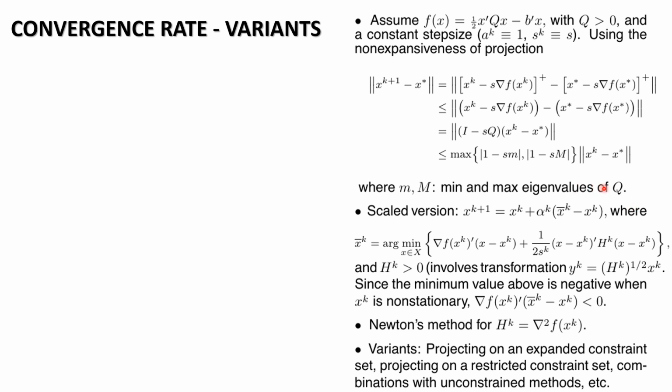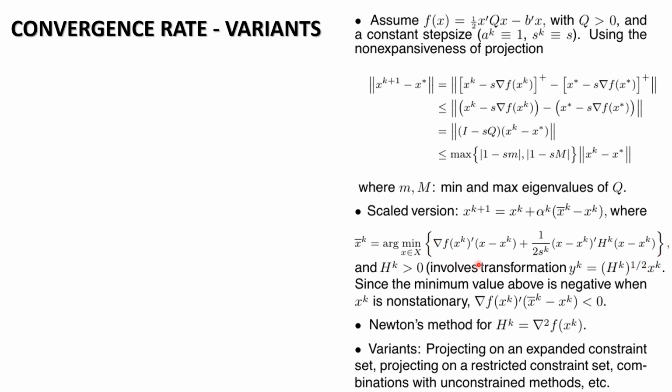Scaled version, I mean scaled gradient projection, quadratic subproblem. This is a more advanced update in which we consider the iteration xk plus 1 equal to xk plus alpha k multiplied by x bar k minus xk, where x bar k is the argument of the minimum of such an expression.